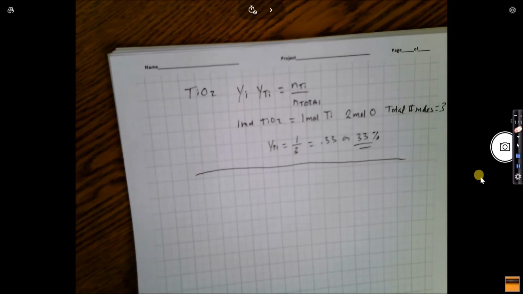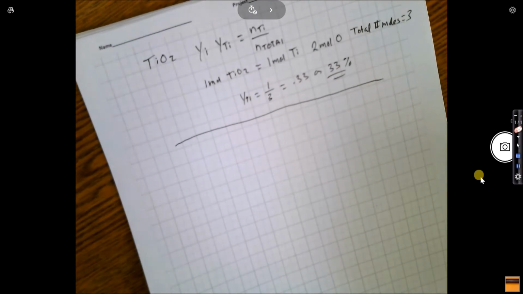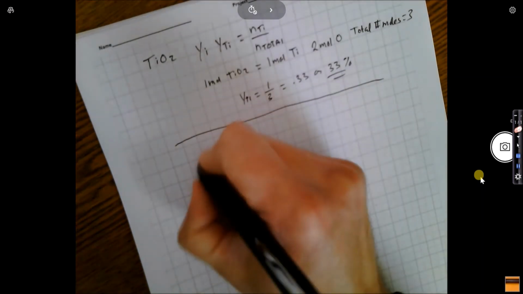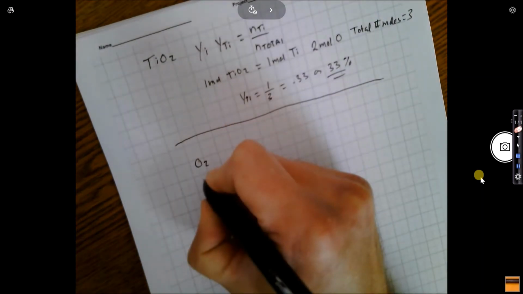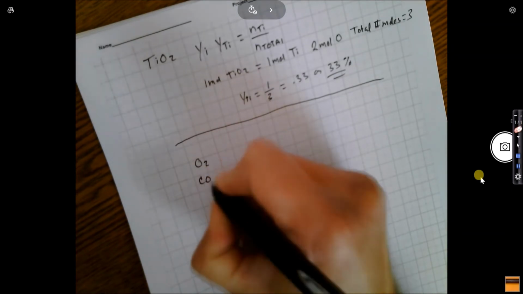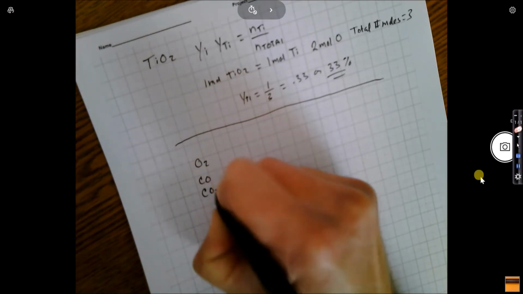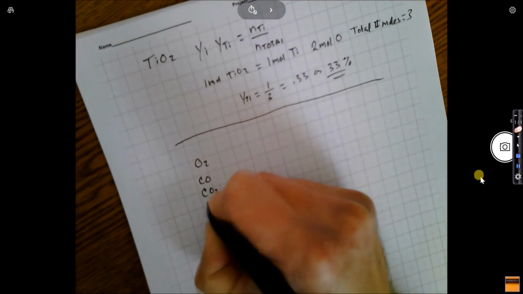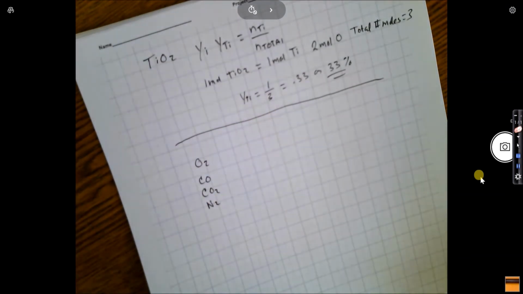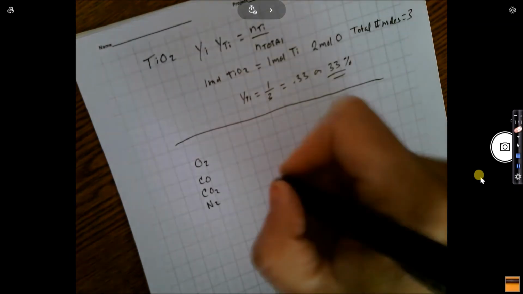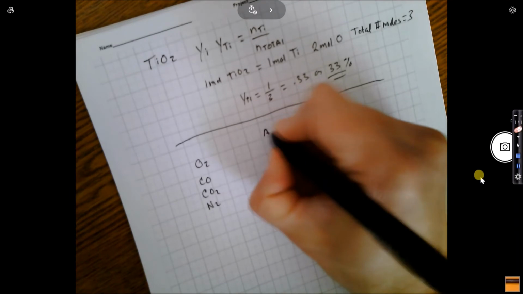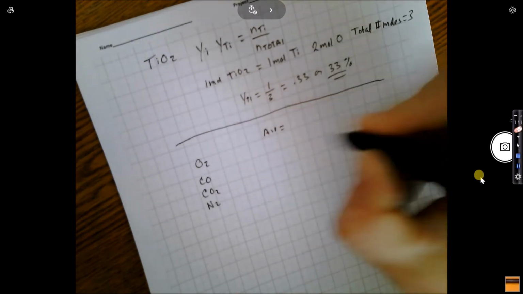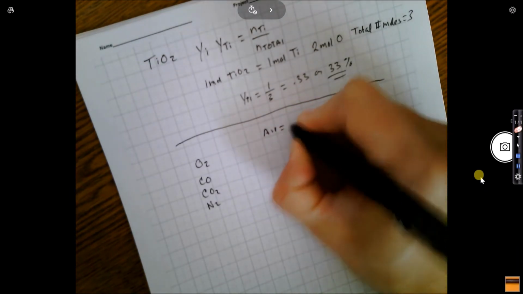So stuff we generally have in combustion gas, we probably get some O2, and we probably have some carbon monoxide. We probably have some carbon dioxide, and we potentially have some nitrogen. And we'll talk a little bit more about nitrogen and air. In general, in this class, we say that air is 79% nitrogen. Hopefully you can read air.